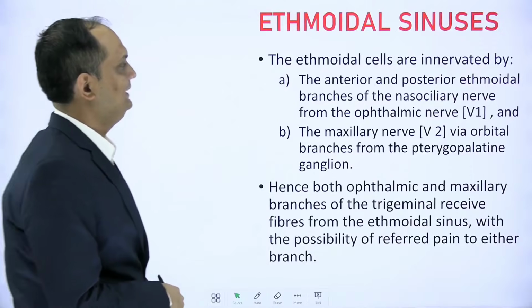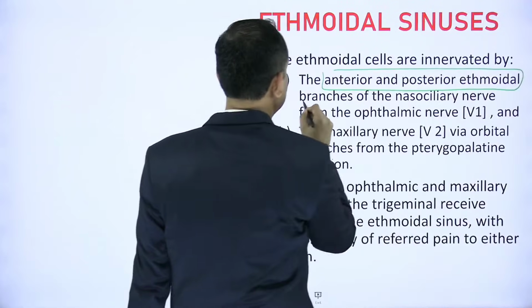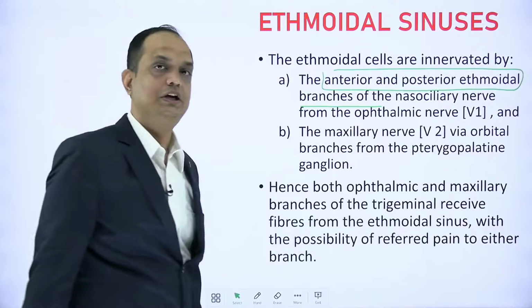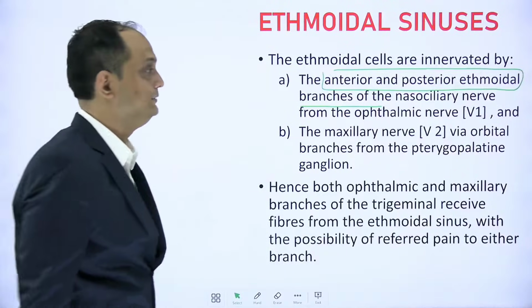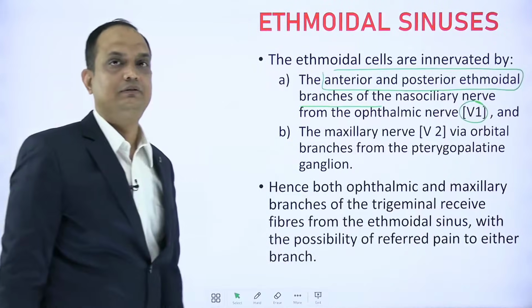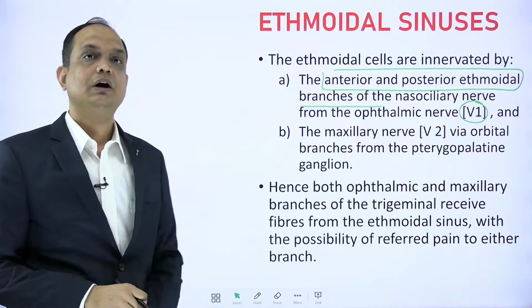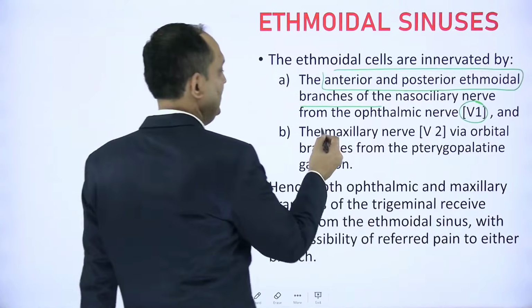Now the ethmoidal sinuses are innervated by the anterior and posterior ethmoidal nerves. These anterior and posterior ethmoidal nerves are branches of the nasociliary nerve, which is again a branch of the ophthalmic division of your trigeminal nerve. Apart from that, the maxillary nerve also contributes to the supply.